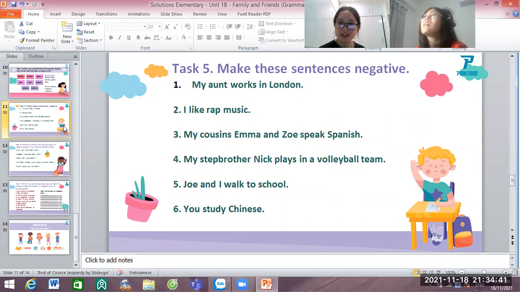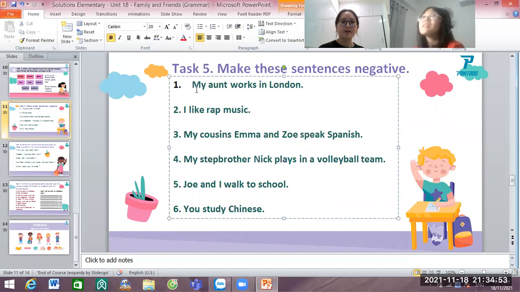Okay. Let's turn to task 5. Make these sentences into the negative form, which means to change from the affirmative form into the negative form. I will give you this task, 3 or 4 minutes? Okay, 4. Let's have 4 minutes for this task.